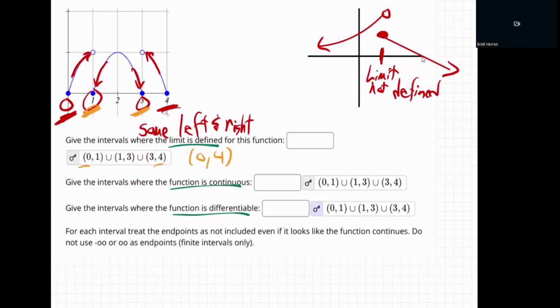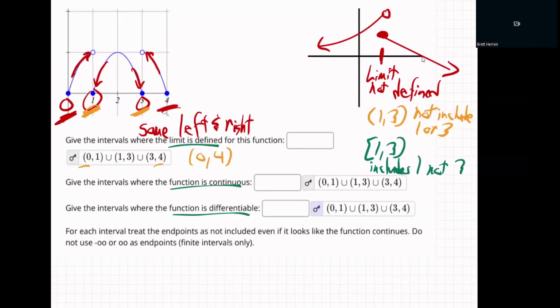Let me explain. If you put parentheses, say, and you go 1, 3, with parentheses, do you remember that that does not include 1 or 3? Whereas if you put a bracket on the 1 and keep the parenthesis on the 3, now that includes the 1 but not the 3.